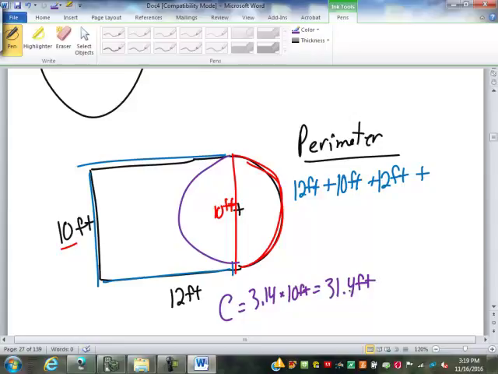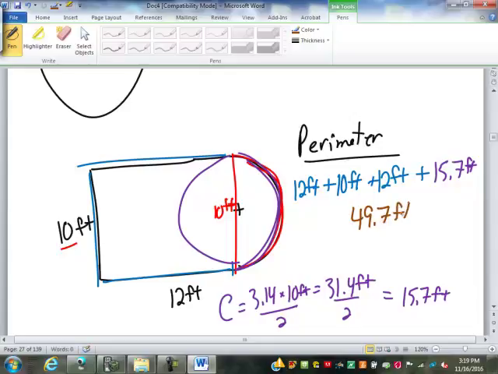But it's not a full circle, so that has to be divided by 2. You get 15.7 feet. That is the distance around that half circle. So that makes the perimeter, if I add those all up, 49.7 feet.